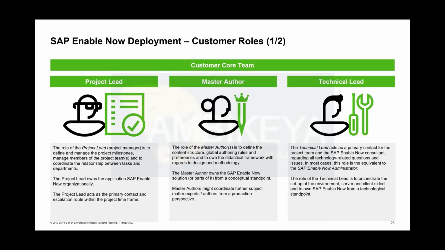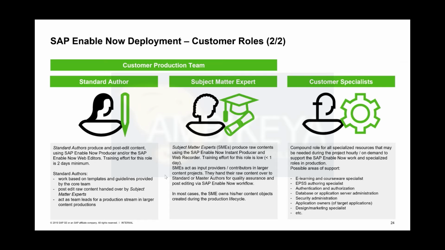So the customer core team is what we're going to refer to very often. Then we have the customer production team, probably in smaller projects still just that one person. The standard author works on predefined stuff, not inventing the wheel again and again. The core team defines how things should work, and standard authors use those commitments and alignments to create and post-edit content.